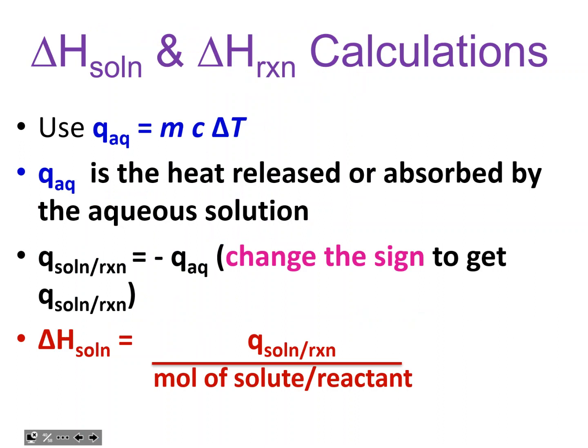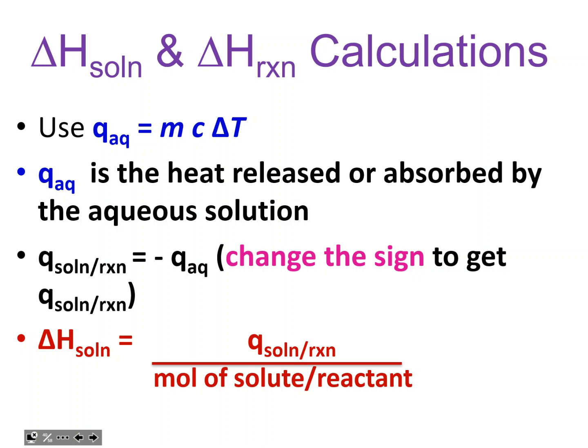So that leads us to this setup, using q_aq = mcΔT, okay? For delta H of reactions and for delta H of solutions, we use this setup. q_aq is the heat released or absorbed by the aqueous solution, and that's where our thermometer is located. So obviously that's going to tell us which way the energy is going. If it warms up, that means energy is released.